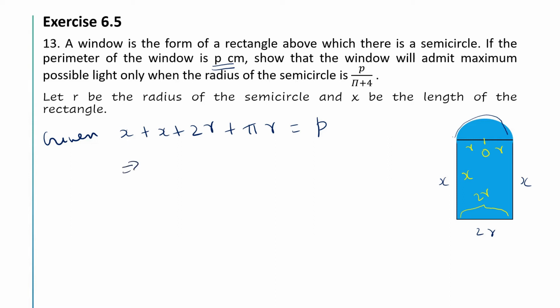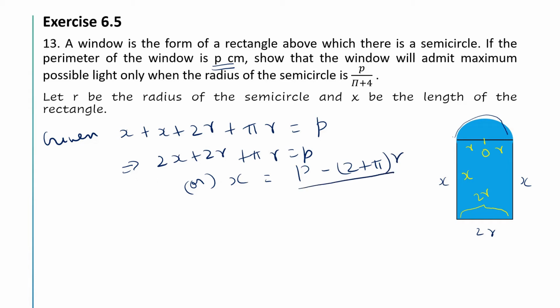So we have 2x plus 2r plus pi r equal to p, or we have x is equal to p minus (2 plus pi) into r, divided by 2. So now we have the length of the rectangle in terms of r.